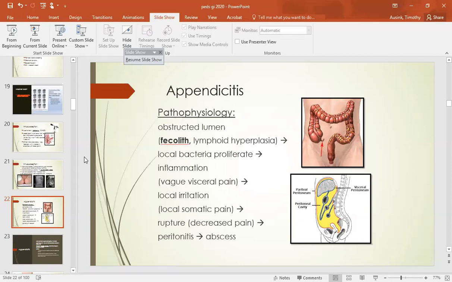So appendicitis is right lower quadrant pain, fever. Nope. Anorexia. So they have this history. This kid will not touch anything. He's got a fever and his right lower quadrant hurts.